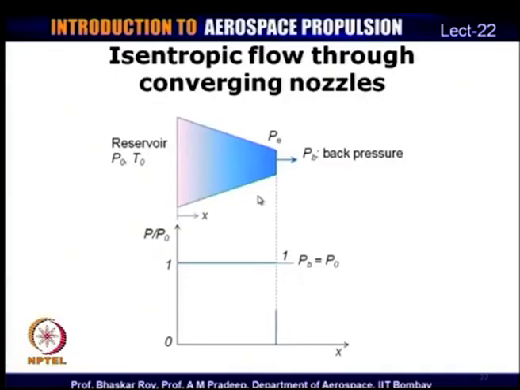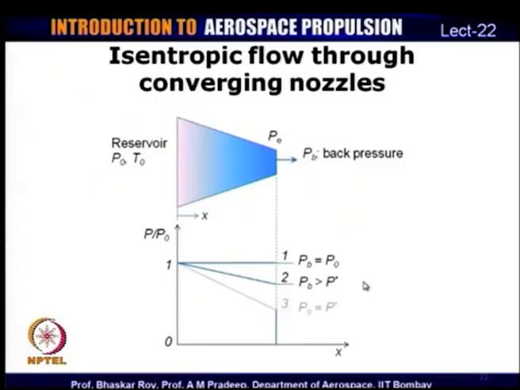Now, as we reduce the back pressure, but back pressure is still greater than the critical pressure, there is a decrease in the pressure ratio P by P naught, and so this is how the variation would be. So, from state 1 to state 2, we have a case where back pressure is still greater than the critical pressure.